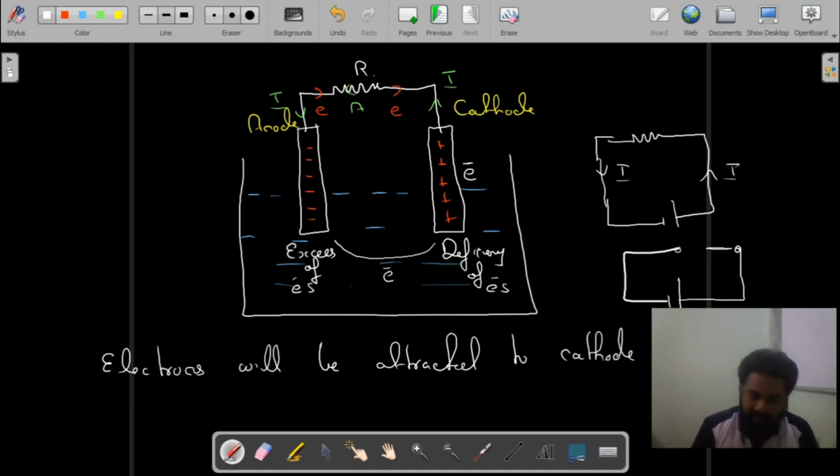And what force is it? It is nothing but electrostatic force. Now the electron must go to the anode, then only this closed path will happen, and that is happening also. So this is nothing but the battery mechanism. This is called the battery mechanism.